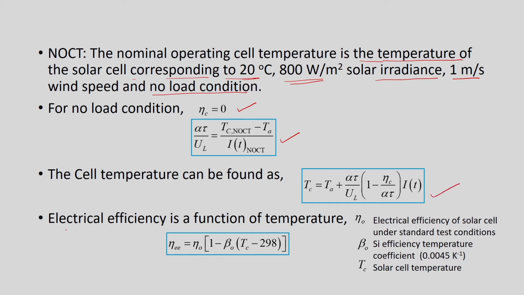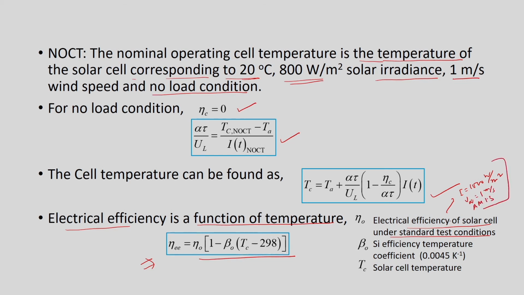The electrical efficiency is a function of temperature. So this electrical efficiency is again related with this expression. Eta naught is the electrical efficiency of the solar cell under standard test condition. So what is standard test condition? The solar radiation has to be 1000 watt per meter square, wind speed 1 meter per second, and AM 1.5.